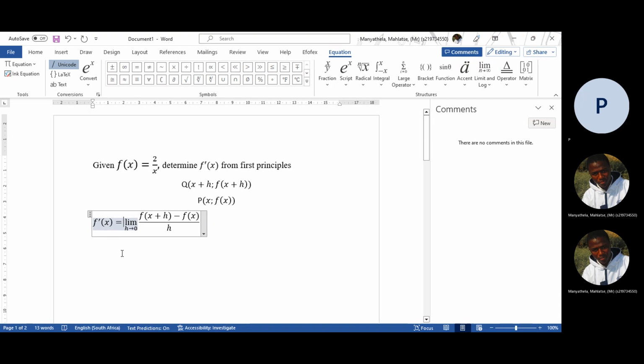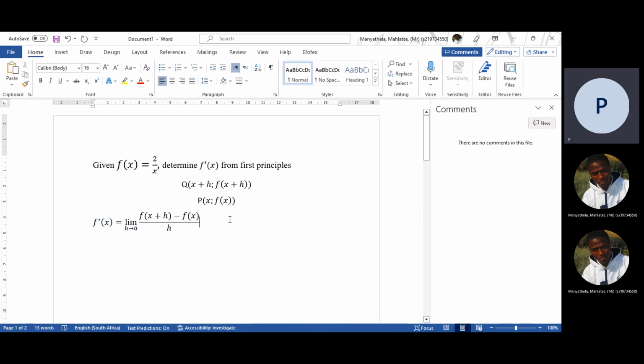Always remember that the equal sign comes before the limit, not after the limit. It would be wrong if you said f of x is the limit of the function as h approaches 0, and then you put the equal sign here. It will be wrong. The equal sign comes before the limit.